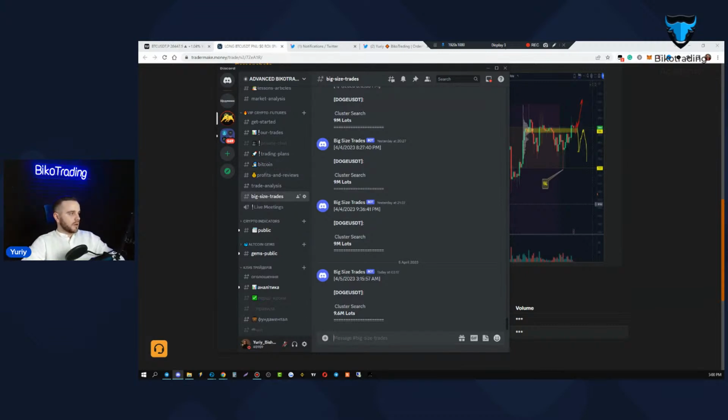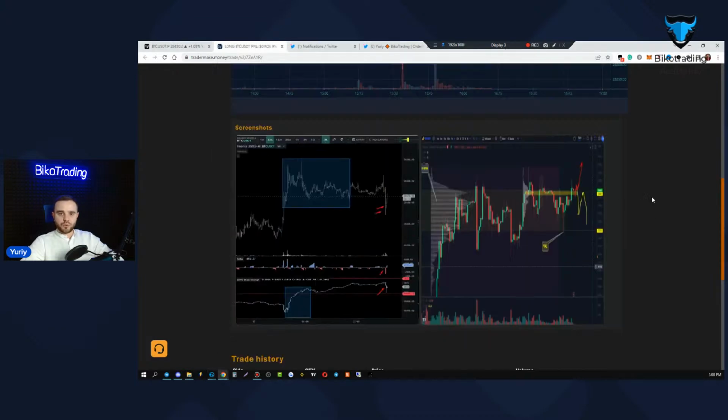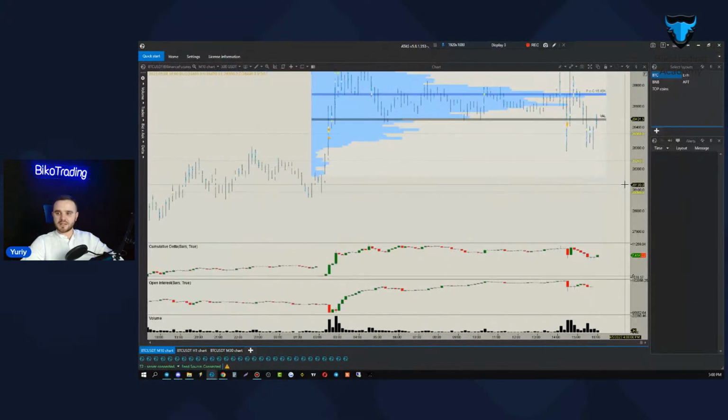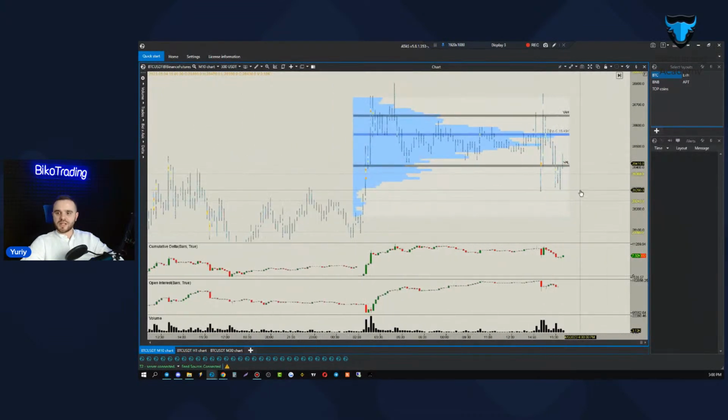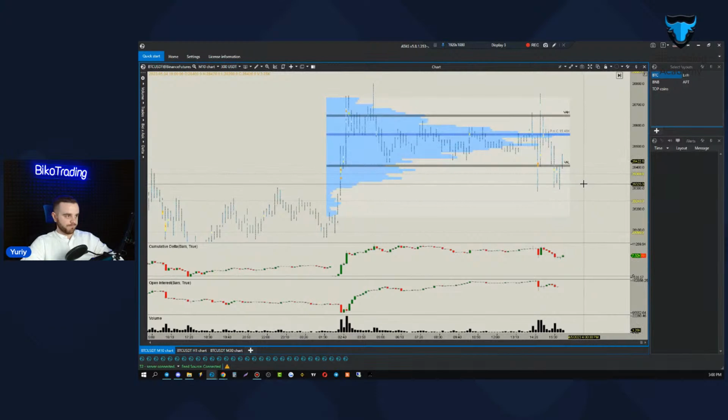About big sizes, what I recommend is to not focus only on size separately, because sizes separately don't work really well. Only paranormal sizes. What do I mean by paranormal size?